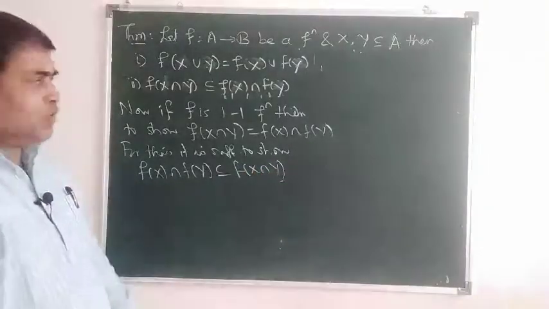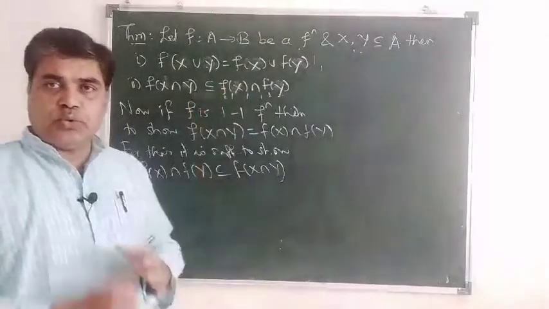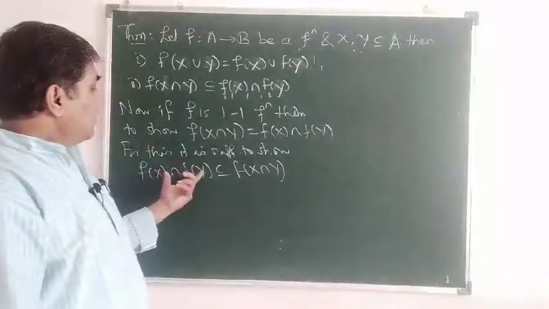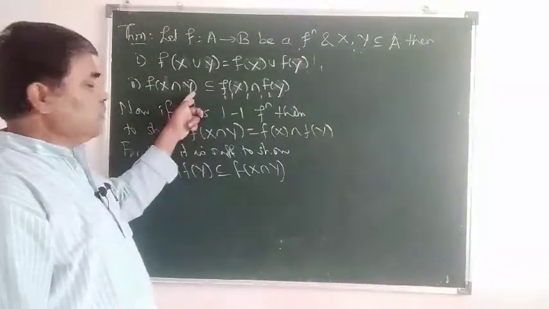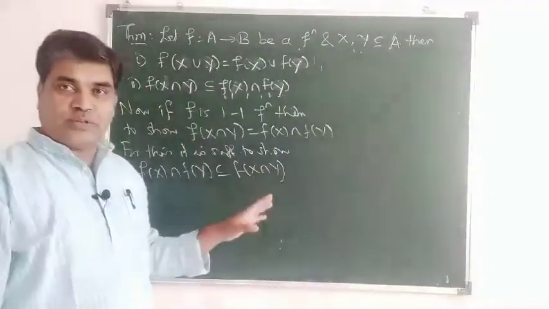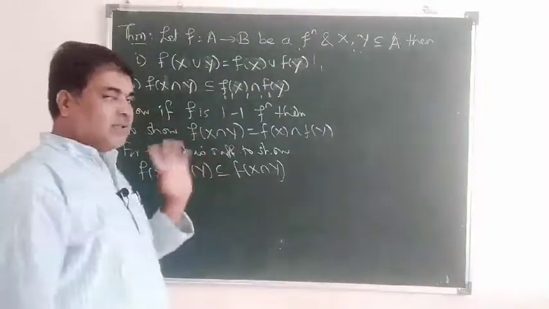Because for an arbitrary function, this inclusion relation holds, so for a 1-1 function also that holds. So one way inclusion is proved even if the function is not 1-1. Now if f is 1-1, we have to use that to show this holds.